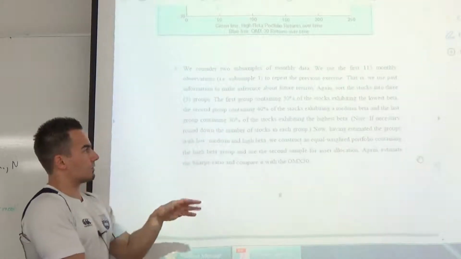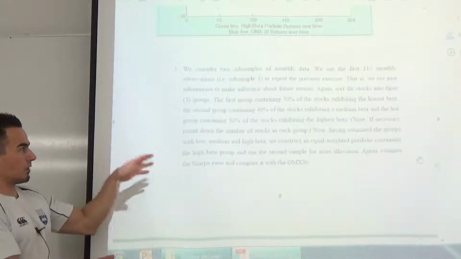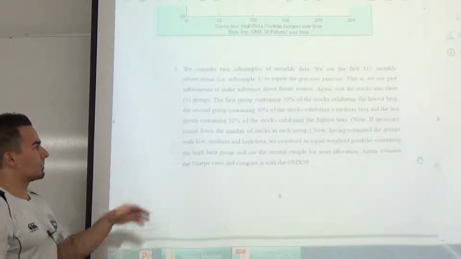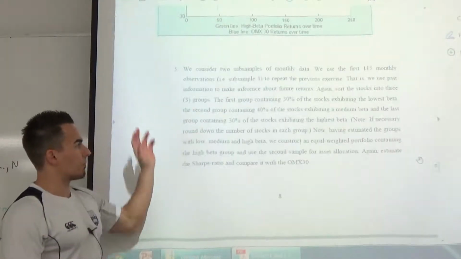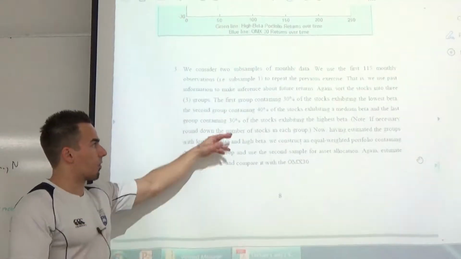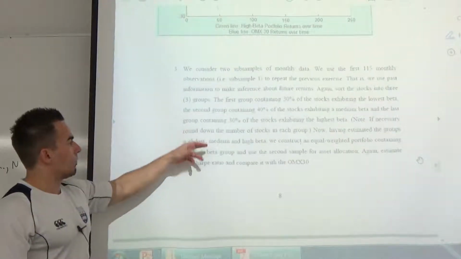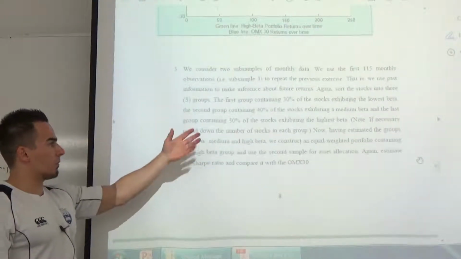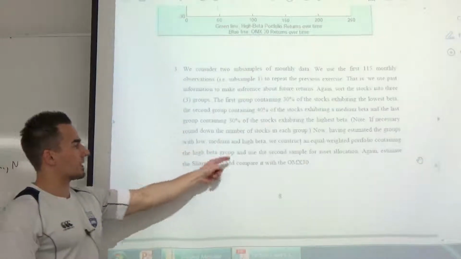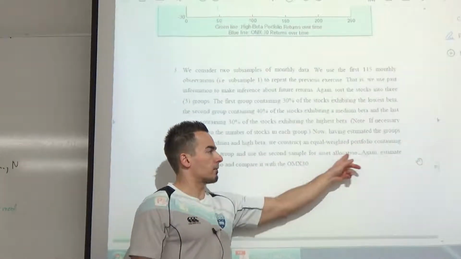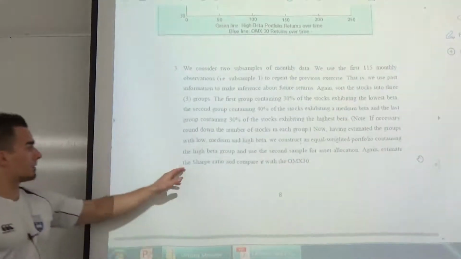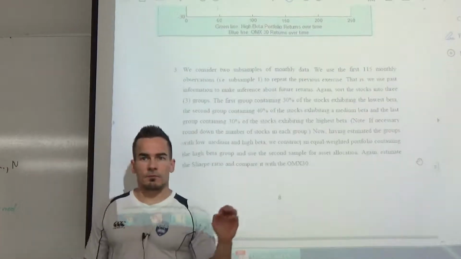And then we have the last group having 30% of those stocks with the highest beta. Then again, if necessary, round down the number of stocks. Now, remember, that's the floor command here. Again, having estimated the groups with low beta and high beta, we construct equal weighted portfolios containing the high beta group and use the second subsample for asset allocation. Yeah? Again, estimate the Sharpe ratio and compare it with the omitted 30.